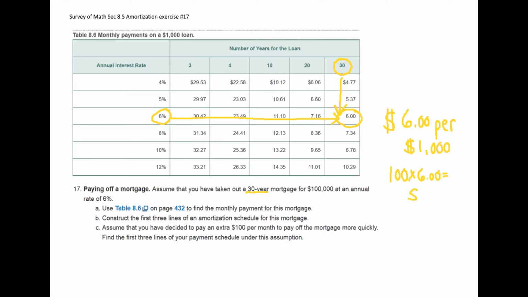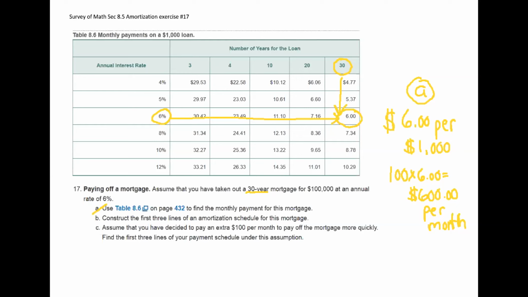So we are looking at a mortgage payment of $600 per month. Using the provided table, we found that we'll have monthly payments of $600.